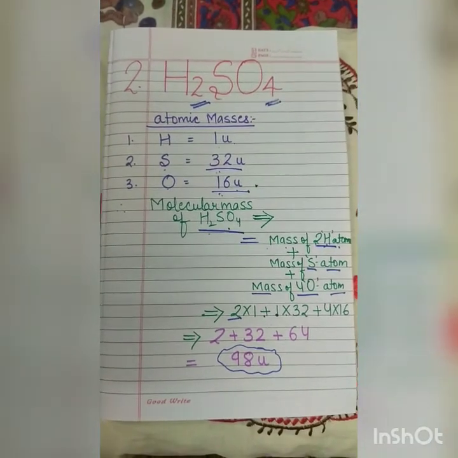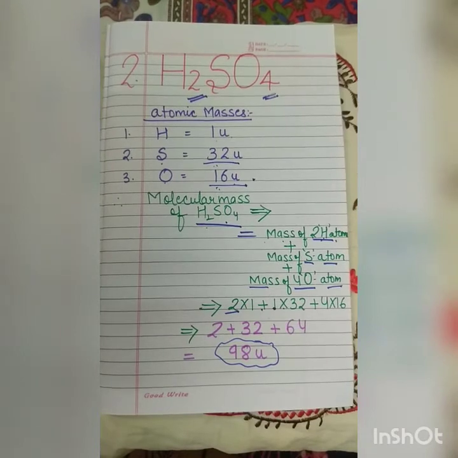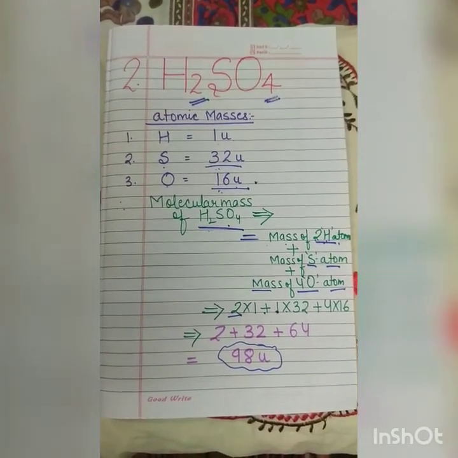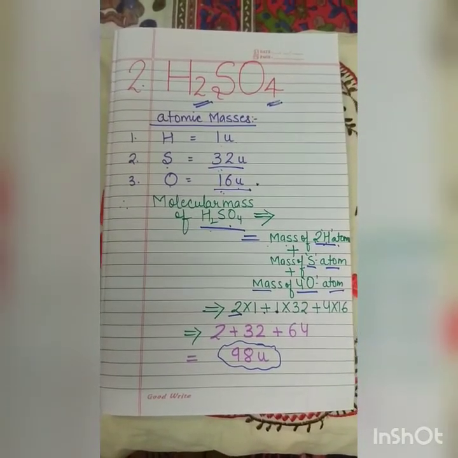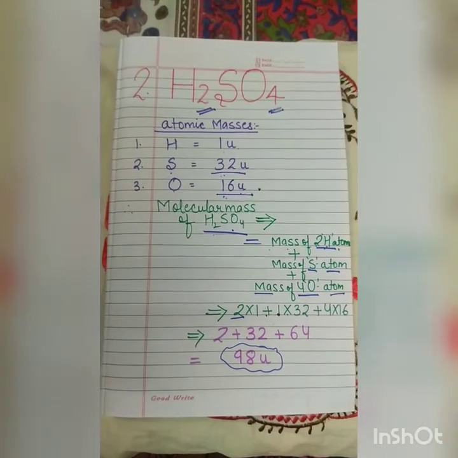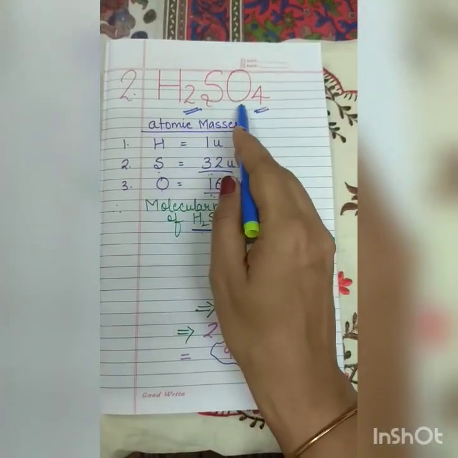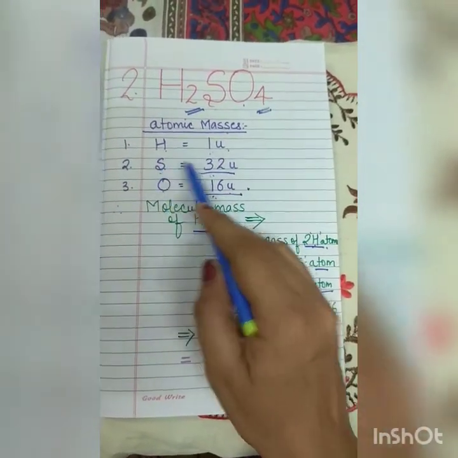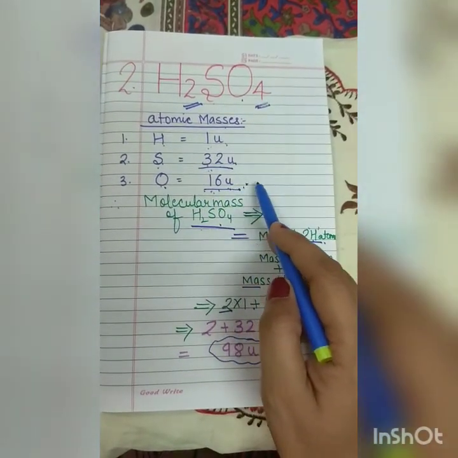Now let's find the molecular mass of sulfuric acid, that is H2SO4. As you can see in this compound, 2 atoms of hydrogen, 1 atom of sulfur and 4 atoms of oxygen are given. So first of all, we have to write the atomic masses of the atoms which are given. That is, for hydrogen it's 1 unit, for sulfur 32 units, and oxygen has atomic mass 16 units.